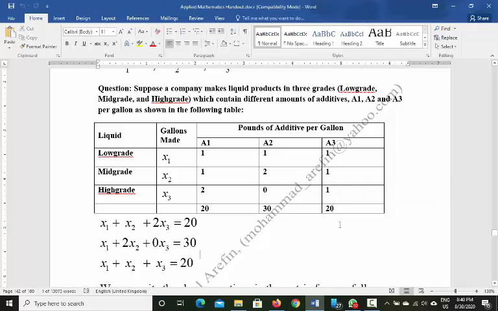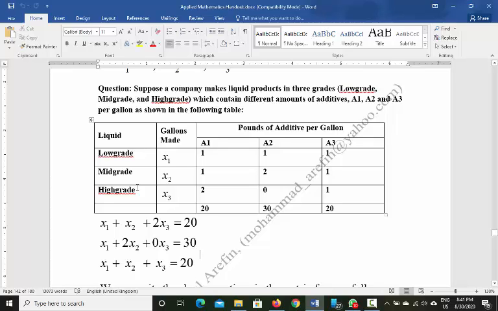So with this available resource, we need to find out how many gallons of each grade we can produce.